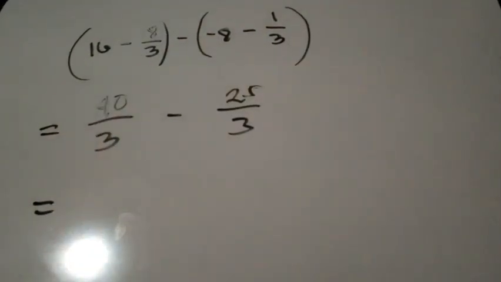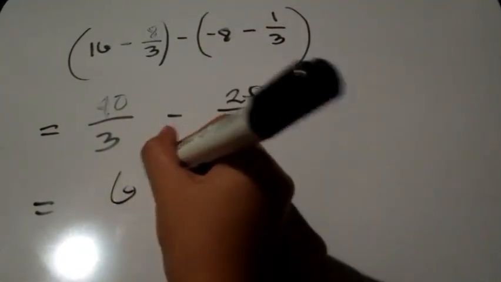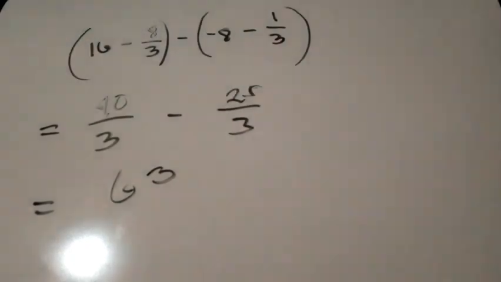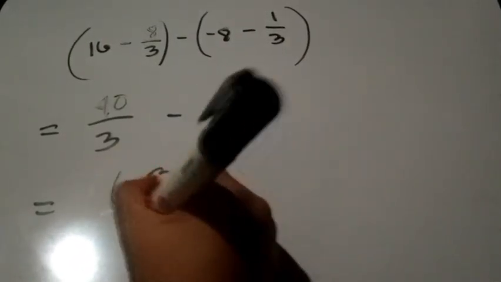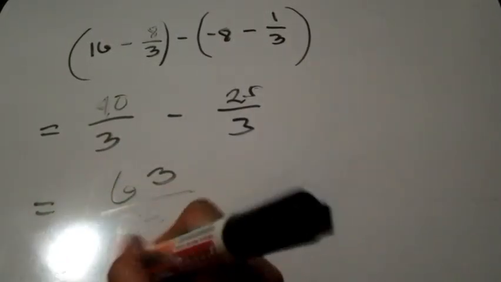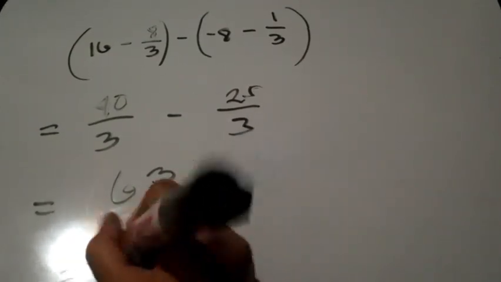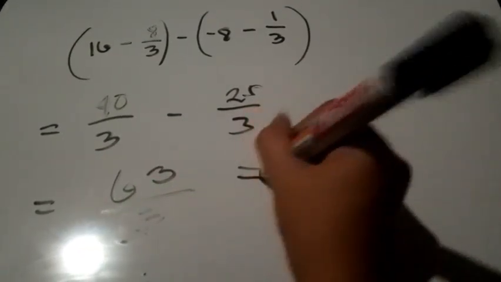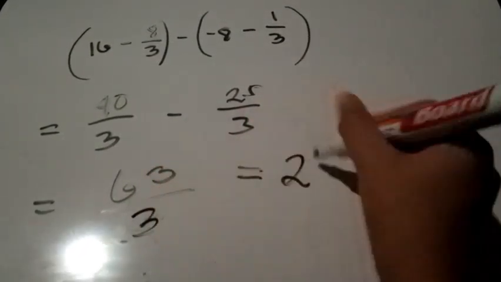So 40 thirds minus 25 thirds is 63 thirds. And 63 divided by 3 is 21.